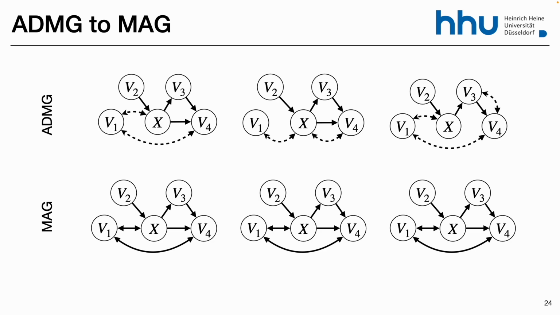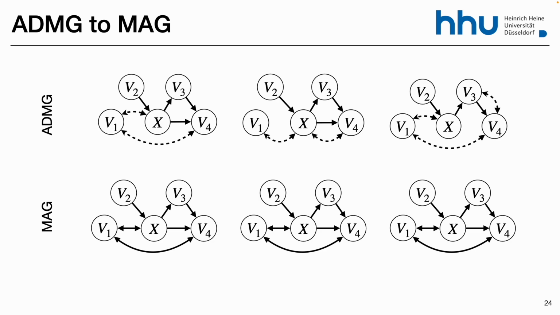One minute. So basically, as I said before, if we convert each of these ADMGs into a different MAG, what do you think? If you look at this picture, what can you conclude?